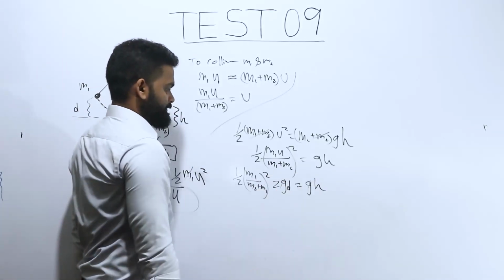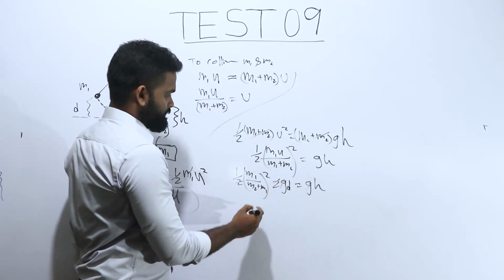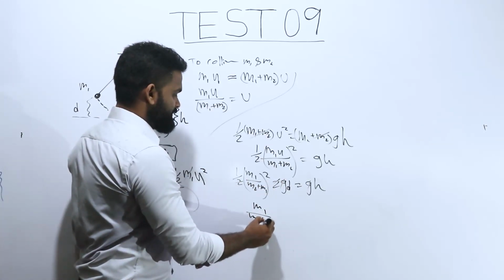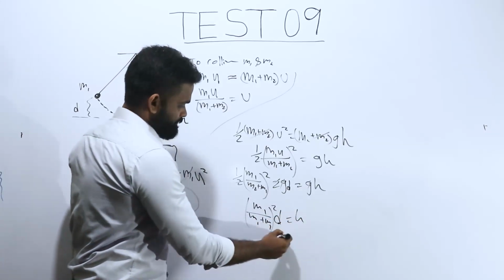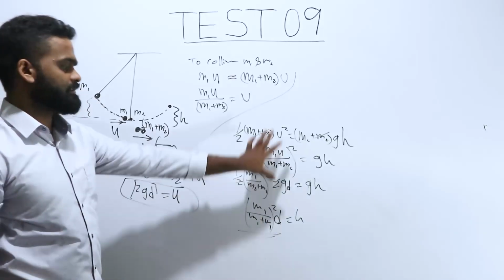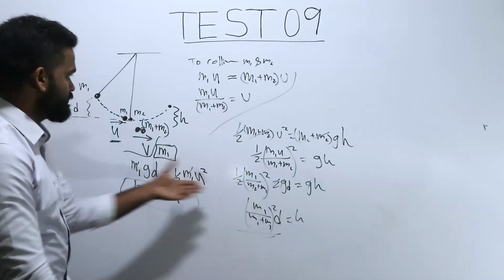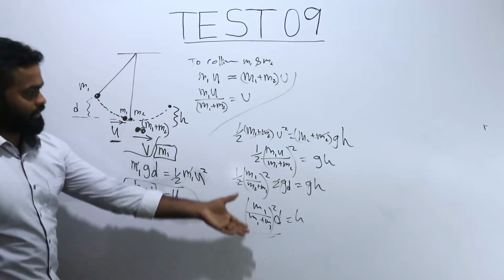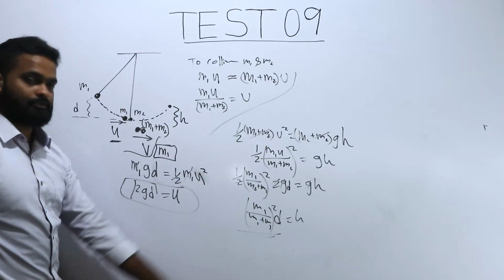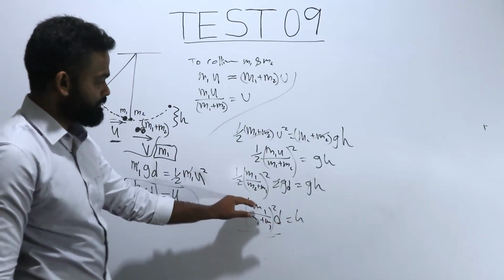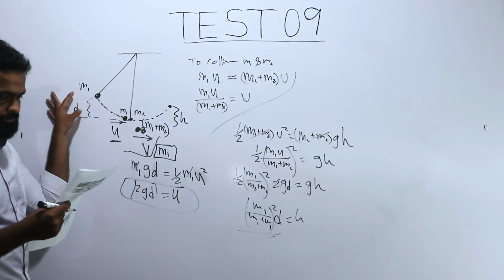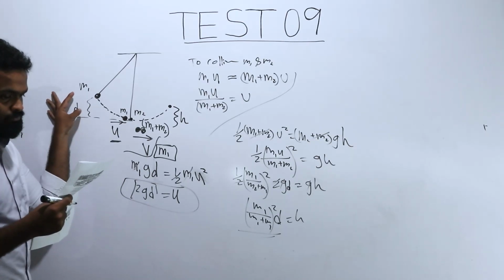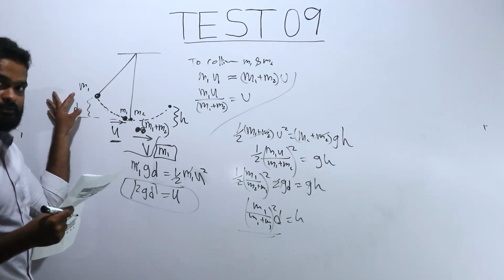Then g cancels off, 2 cancels off. m1 divided by m1 plus m2, squared, times d is equal to h. So this is a simple calculation. You just have to substitute these values to get that. So d is written in terms of masses and this height. The answer for that should be the second one, right? Second one should be the answer.